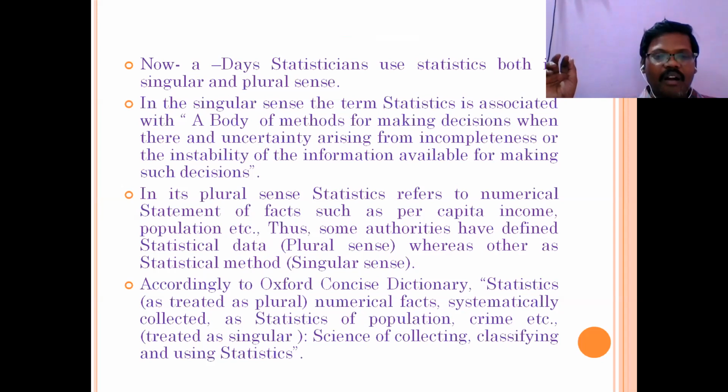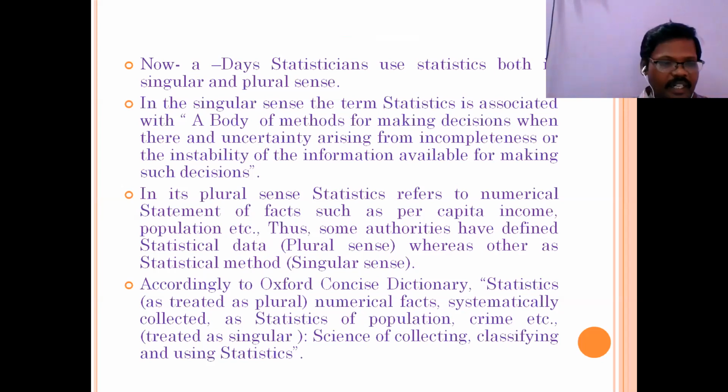Okay, so accordingly, the Oxford Concise Dictionary defined statistics in different ways. According to this dictionary, statistics is treated as plural. As I already told you, the majority of statistics we treat as plural only. It is numerical data or numerical fact, systematically collected.